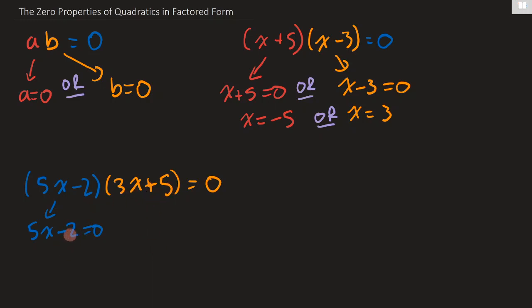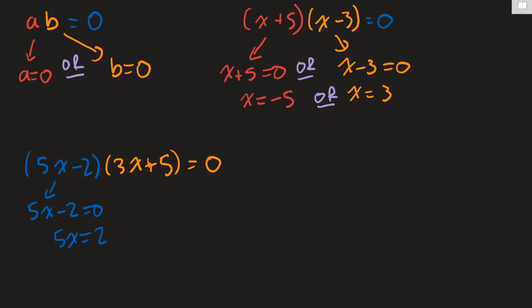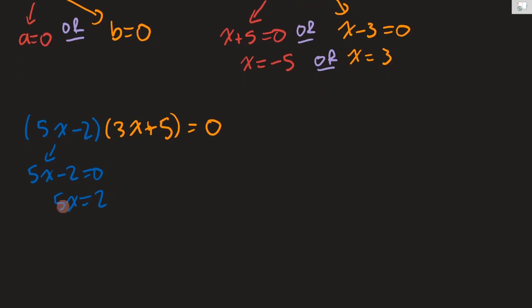So this negative 2 becomes positive 2 on the other side. So 5x equals 2. And then we need to divide by our coefficient. The inverse of 5 in front is a 5 underneath. So x is 2/5.